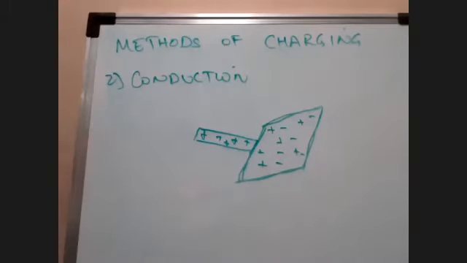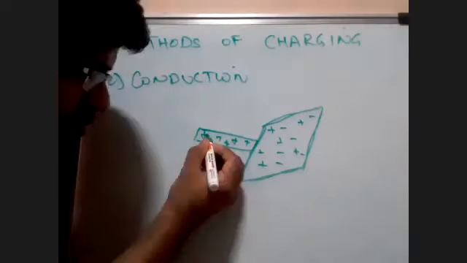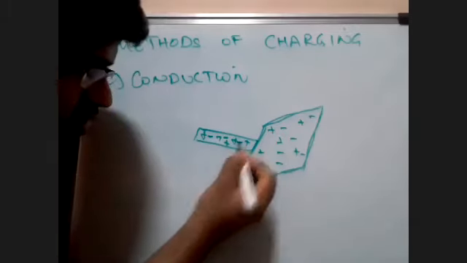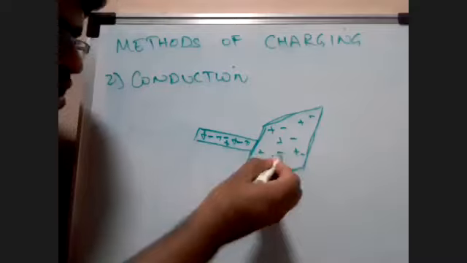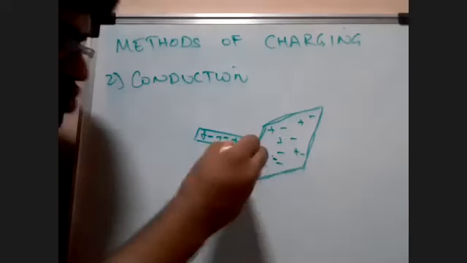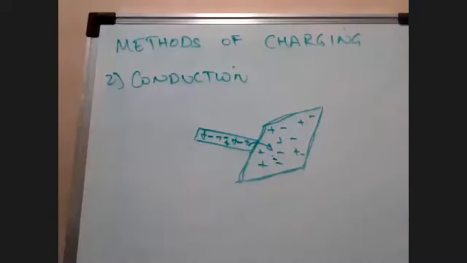If they keep repelling each other, a positive charge touching an object which is neutral is going to jump here.